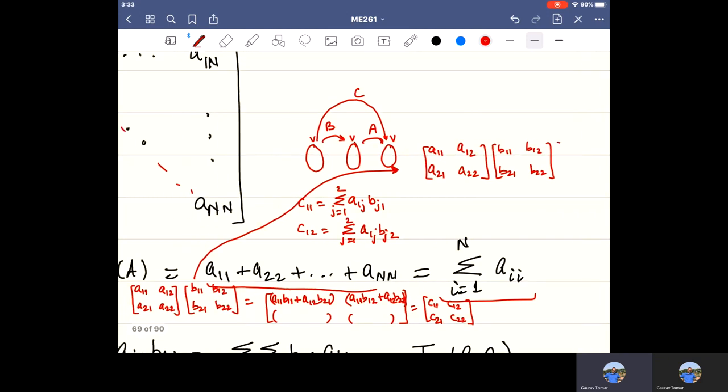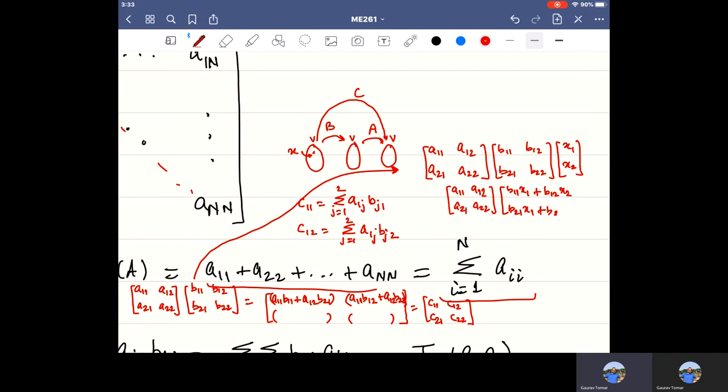So what you do is, say x1, x2 is the vector which you're mapping. Let's say this x vector is here. You do the B mapping first, and the A mapping later. When you do the B mapping, you get B11 x1 plus B12 x2, and B21 x1 plus B22 x2.